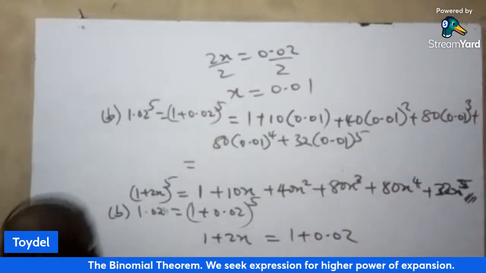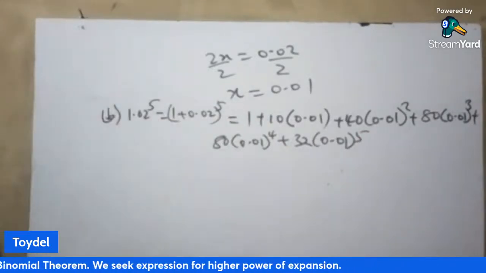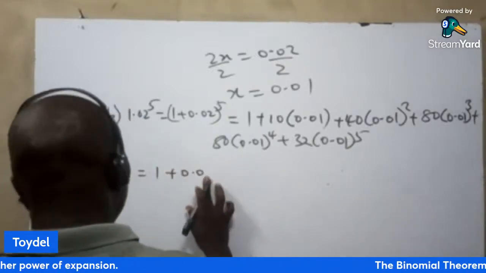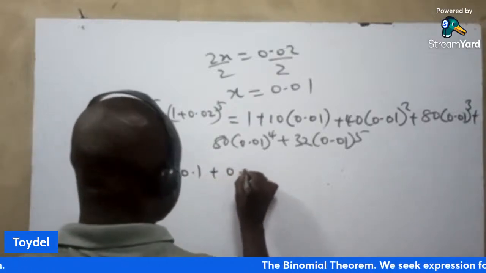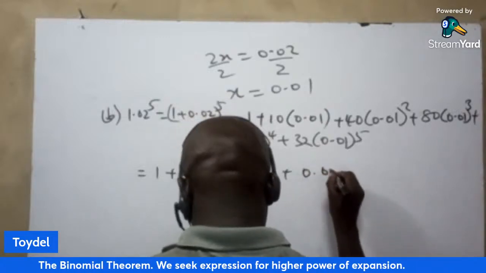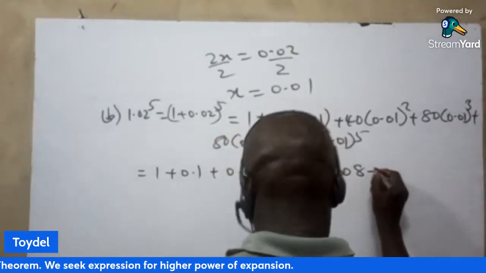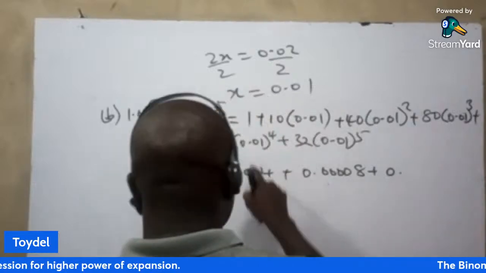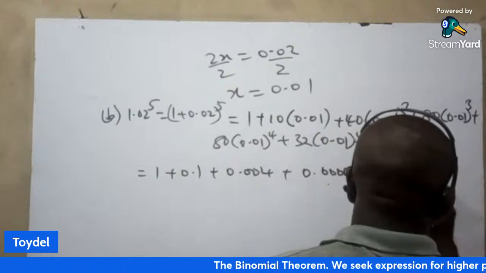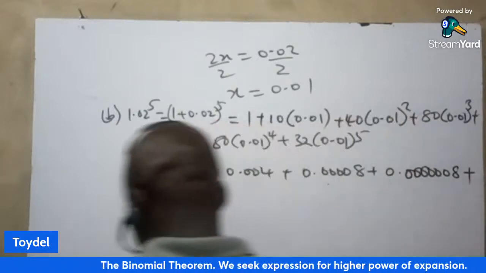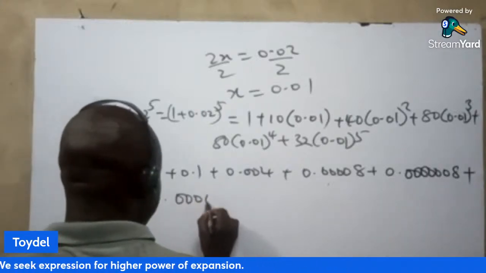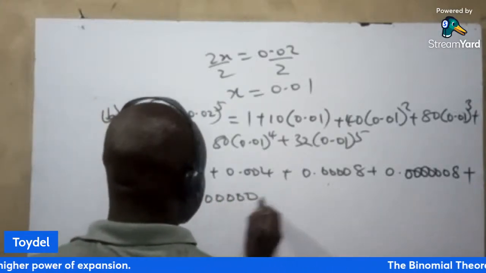Then if I expand that, I'm going to get 1 plus 0.1 plus 0.004 when we expand this, then plus 0.00008, then plus 0.0000008, then plus the last one, that will be 0.0000000032.